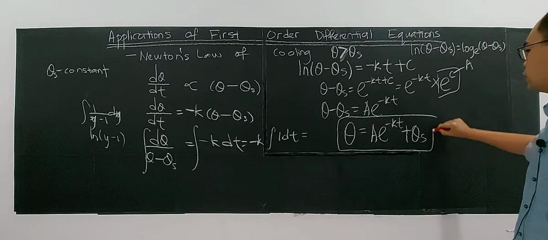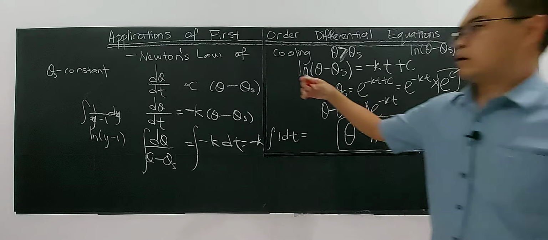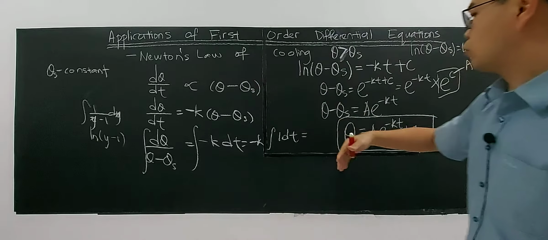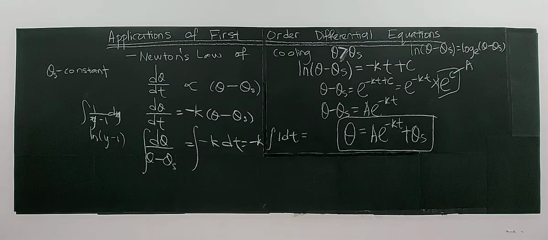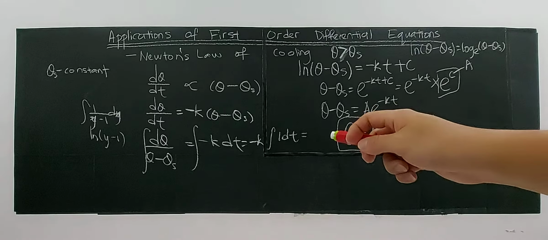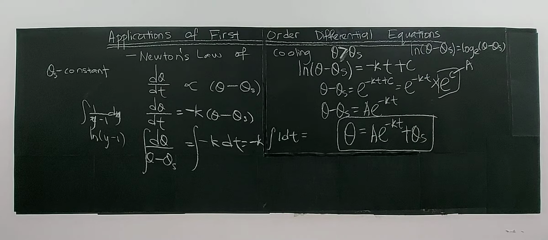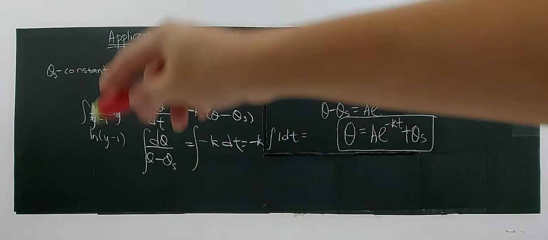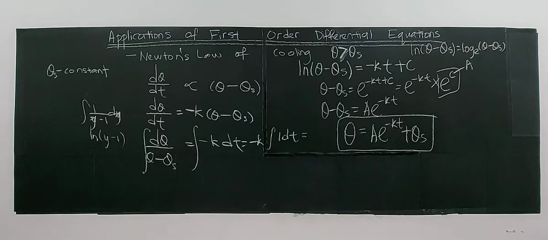So this is the model of Newton's cooling, and this is the formula for finding the temperature of the object after time t, right? So I hope you understand this derivation before you solve a problem related to Newton's law of cooling.